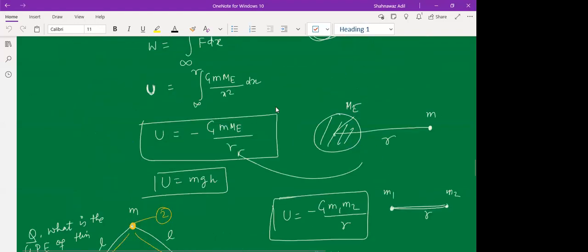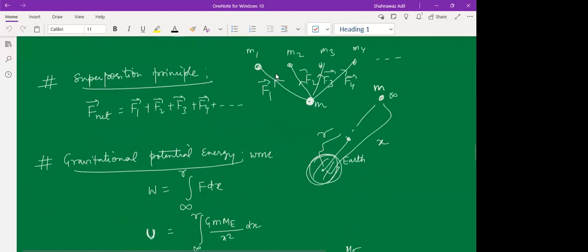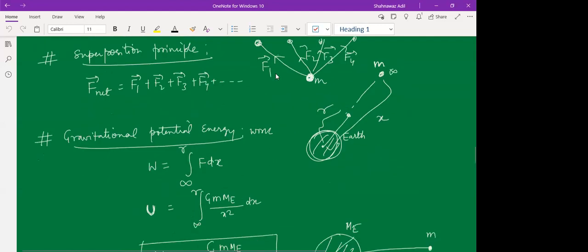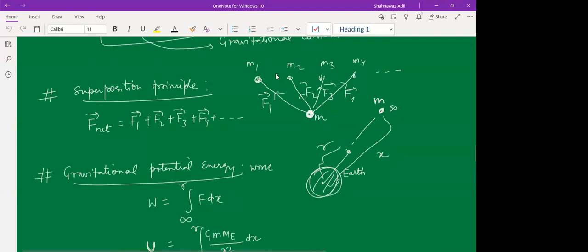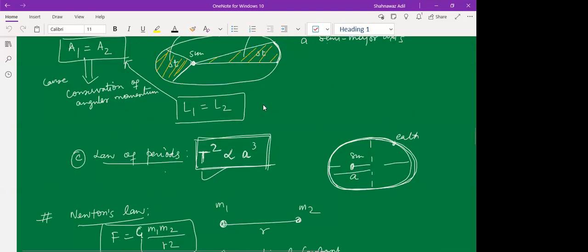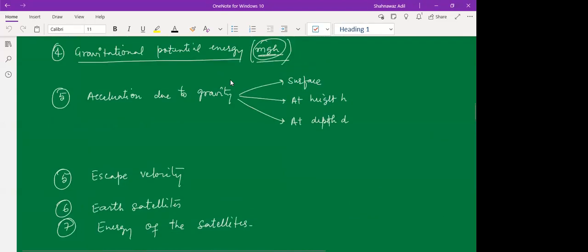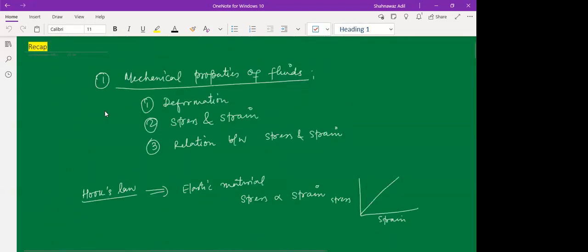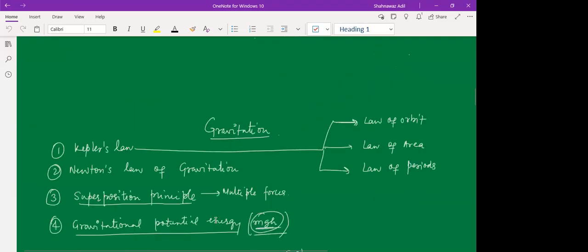These are the things that I did in those extra classes yesterday: mechanical properties of fluids, and I revised this gravitation portion.